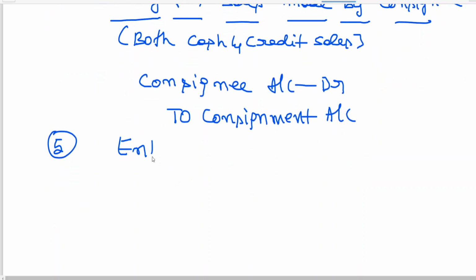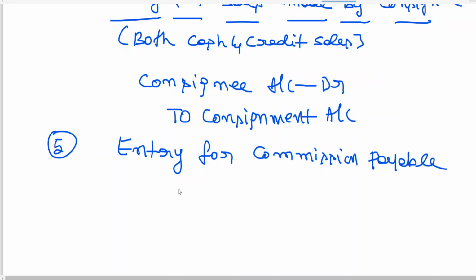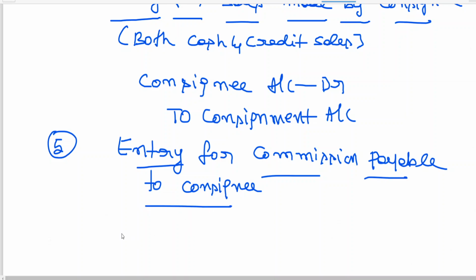Next, entry for commission payable to consignee, or commission of consignee, we can say.